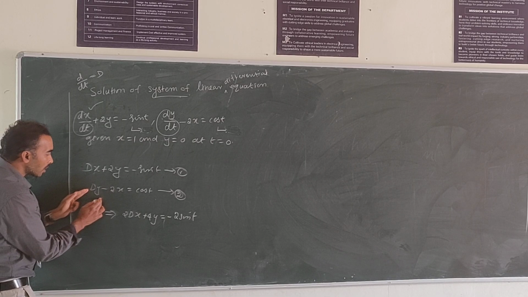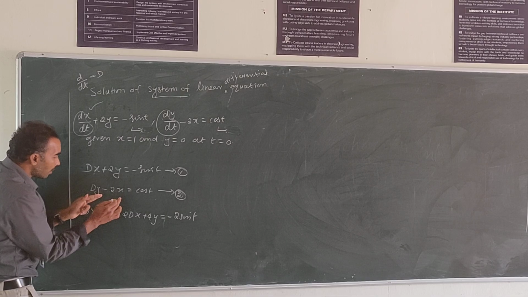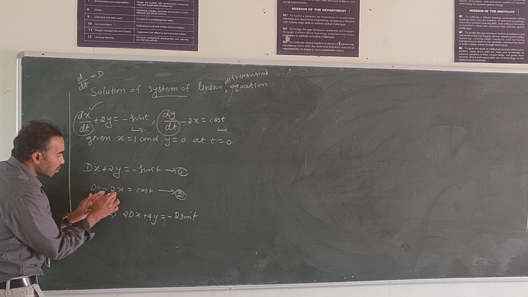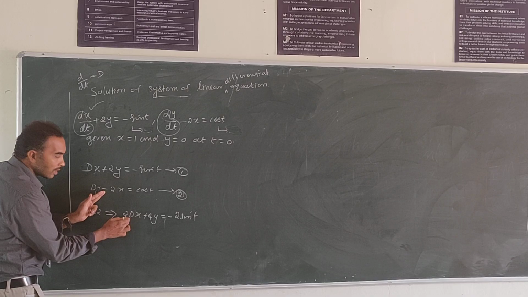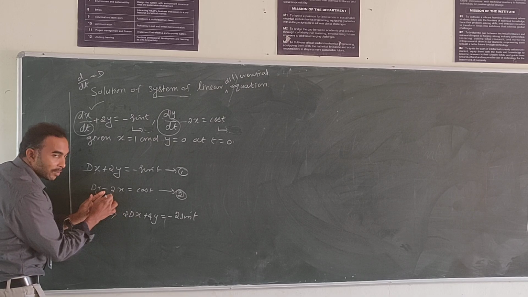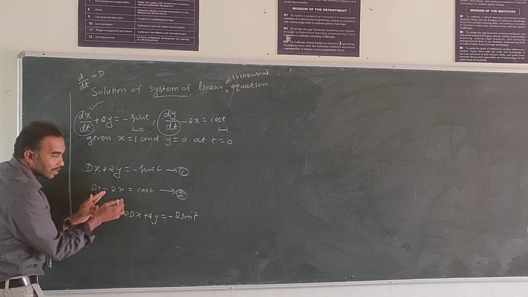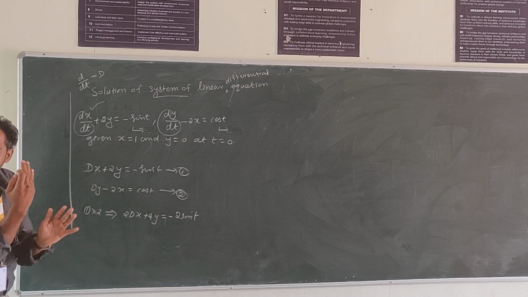In the second equation, multiply D on both sides, because we will get minus 2Dx. In the first equation it will be 2Dx, here minus 2Dx. If you sum both, these terms will be eliminated, that is, variable x will get eliminated.